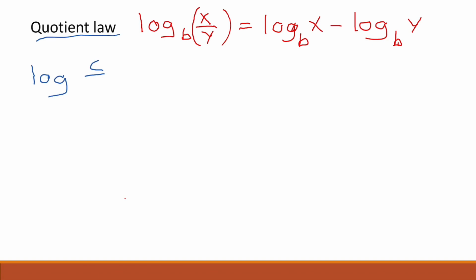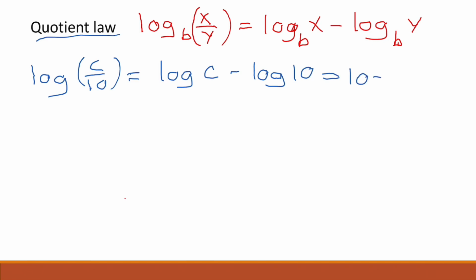If I have log c by 10, and again I'm not writing the base, so it is assumed to be 10, then I can write this as log c minus log 10, but log 10 is 1. So this is log c minus 1. Let me give you another example.